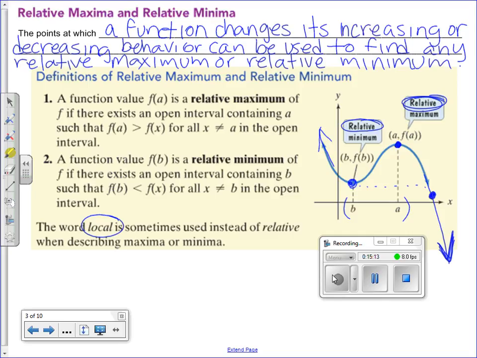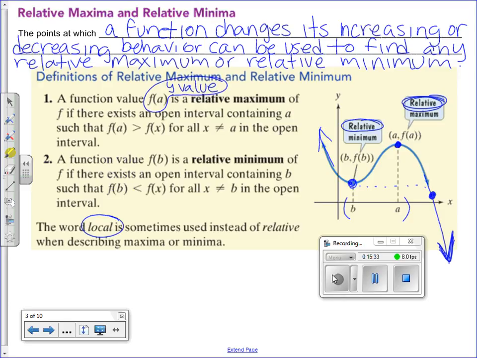So let's look at the definitions, and we have a function value, f of a. And I want you to make a little note here. We're talking about the y value. Okay?